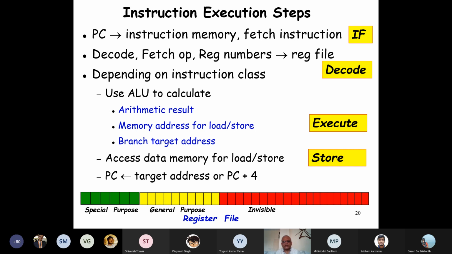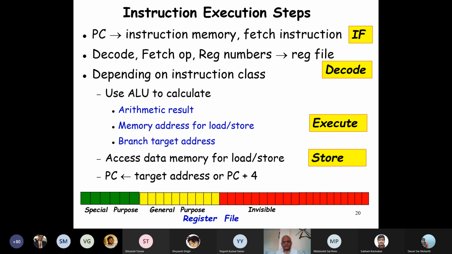The third step, of course, is to execute. For the arithmetic logic instructions, we just execute using the arithmetic logic unit. For the load store kind of instructions, we compute the memory address, because this may be present in the form of some offset and some base register.